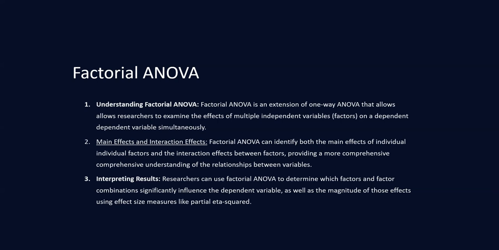The factorial ANOVA can identify both the main effect of the individual factors and the interactive effect between the factors within the group, providing a more comprehensive understanding of the relationship between the variables and the interpretation of the result.